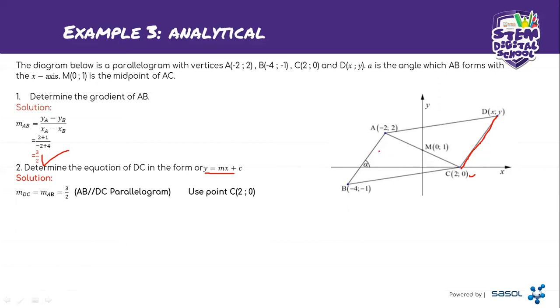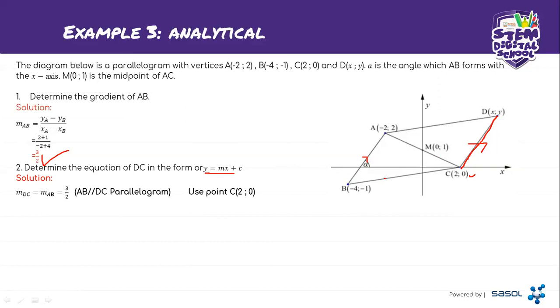We have learned about the gradients of two parallel lines: they are equal. So the gradient of DC is equal to the gradient of AB, because these two sides are parallel, so they are equal in terms of gradient.